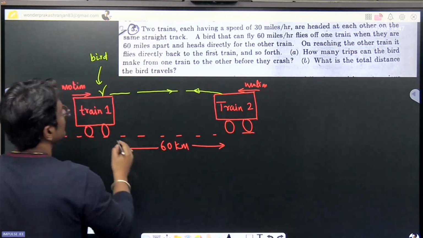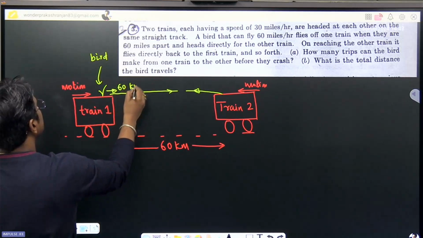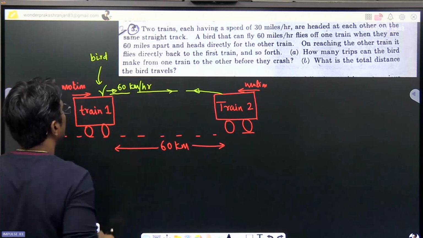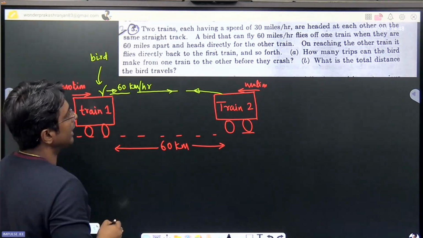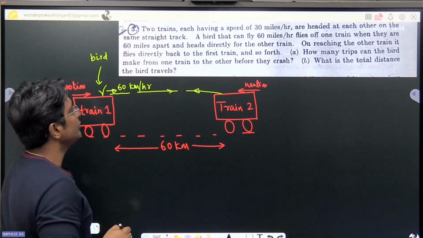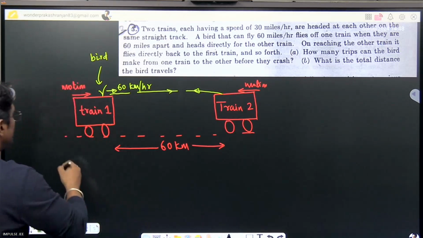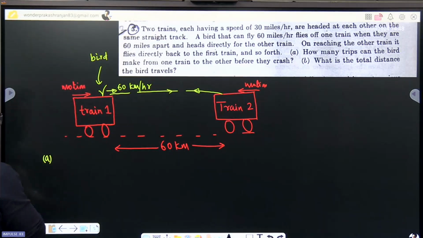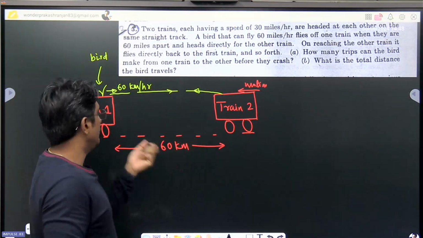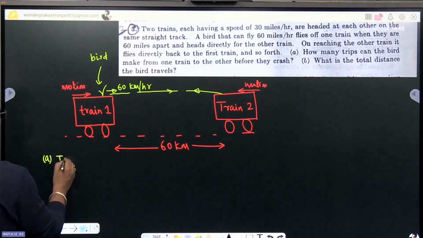Bird flies with 60 kilometer per hour, right? How many trips can the bird make from one train to the other before they crash? We need to find out this time of crashing.